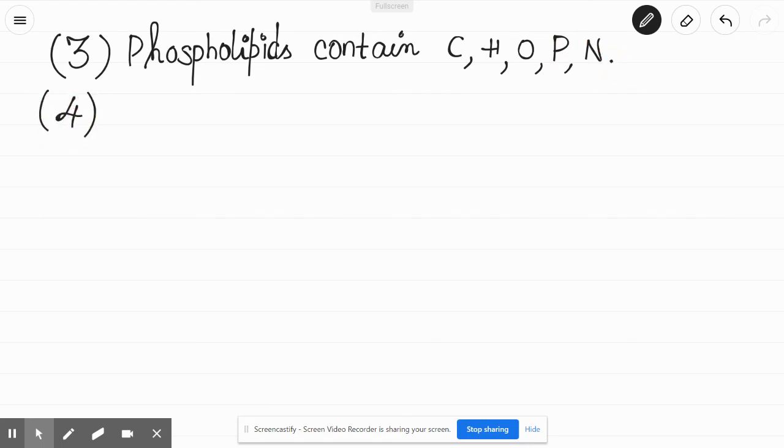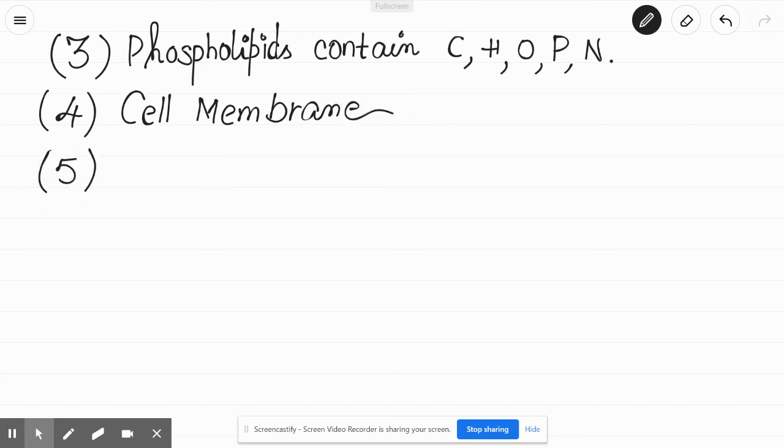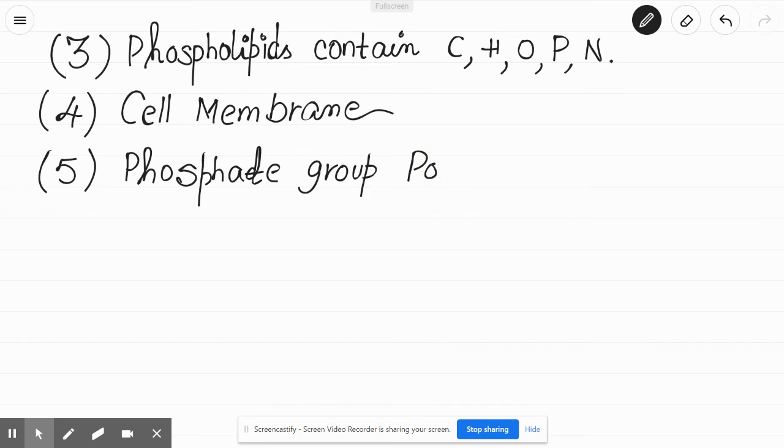What is the function? They make up the cell membrane. Point number 5, the phosphate group in the phospholipid is polar in nature. That means it really likes water.